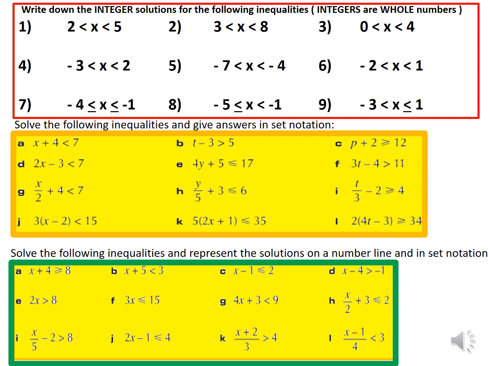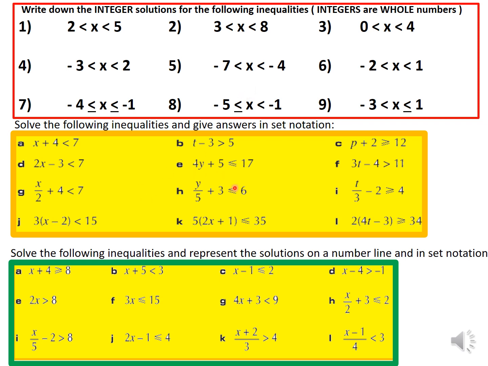Right, okay, here are some questions for you to try. The first section, read the question carefully. The first section asks you to write down the integer solutions for the following inequalities, so the whole numbers. So for this first section, you have to write all the possible numbers, so it's just a list.